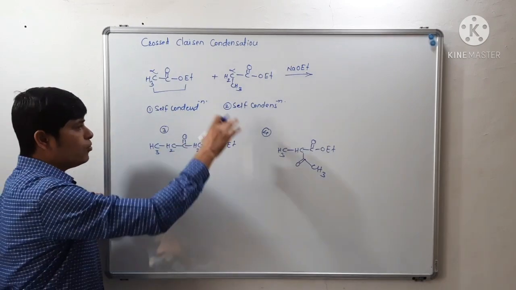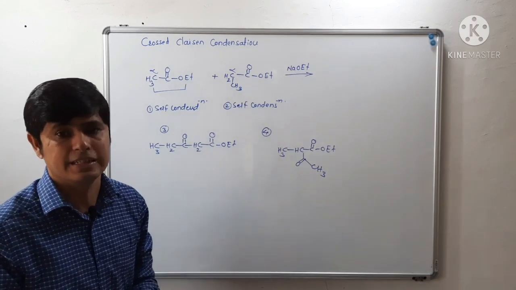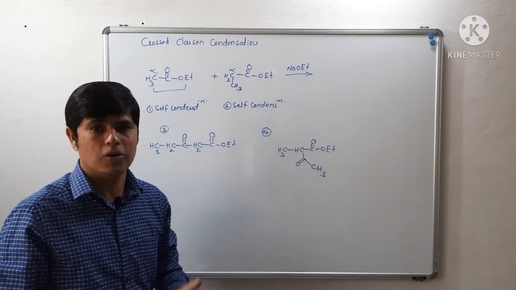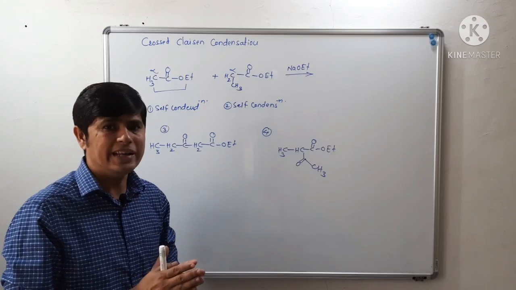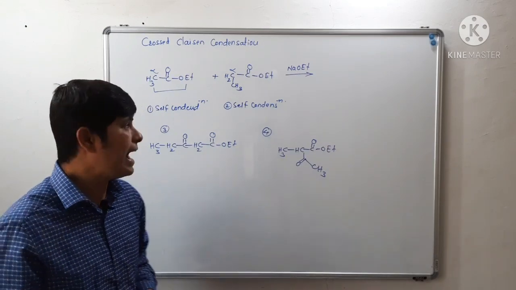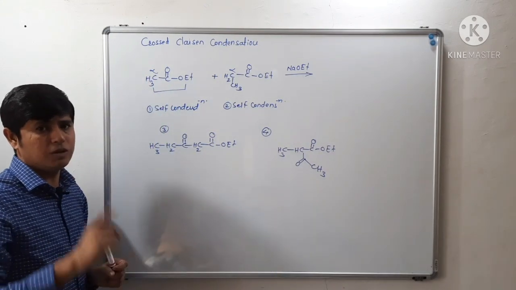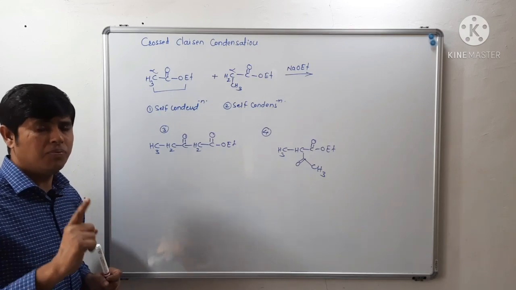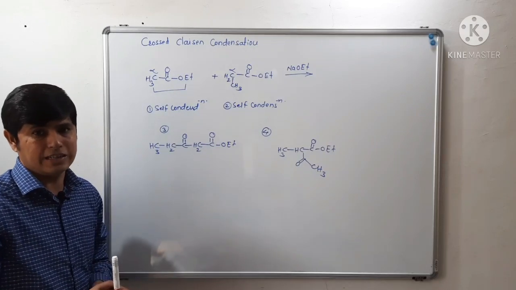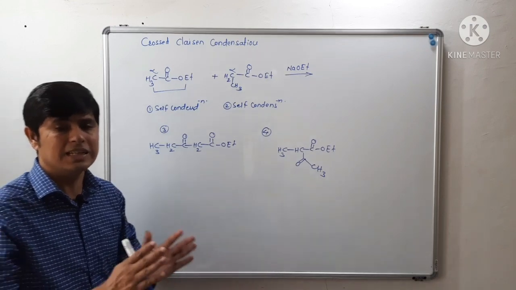So you will get 4 different products in a cross Claisen condensation, and it is quite complicated to isolate these products by column chromatography or by any means. To avoid this complication, this 4 product formation, we can use one ester molecule which has alpha hydrogen atoms, and a second ester molecule which should not have alpha hydrogen atoms. Such a combination is also a cross Claisen condensation reaction.